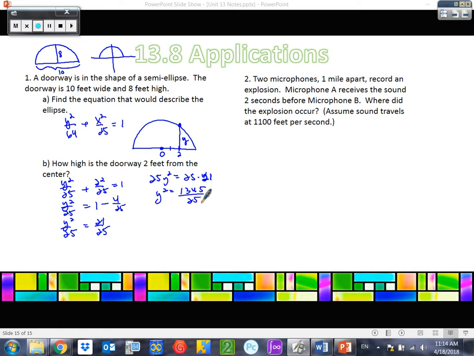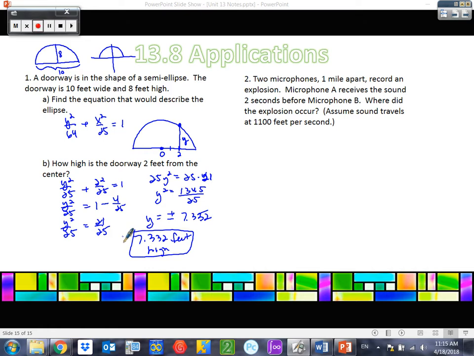When we square root both sides, we get a plus or minus answer, about plus or minus 7.332. But the negative y value would be for the bottom part of the ellipse, which in our case doesn't exist. So that isn't a viable answer, and we don't measure distances as negative anyway. So our height is 7.332 feet high. Okay, so that's the answer to that first one.